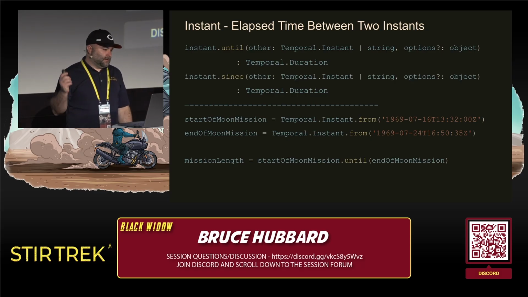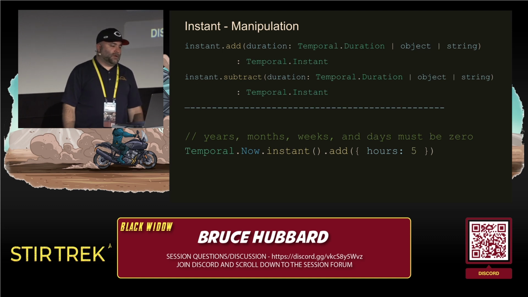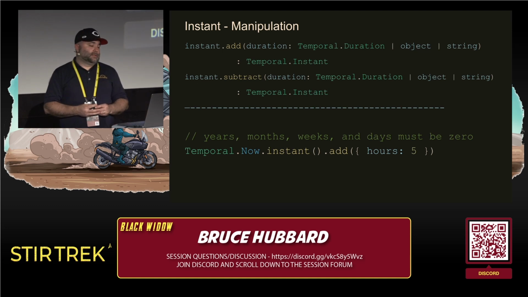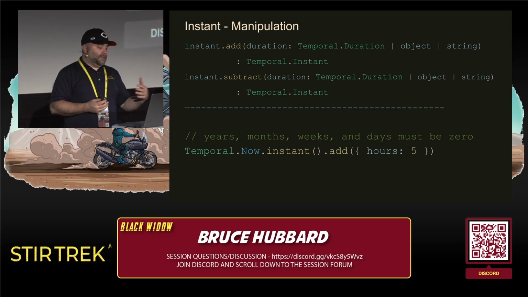instants. Another thing you might want to do with dates is add stuff to them or subtract. As you would expect, if you have one, you can call .add. In this case, it takes an object with a bunch of properties.